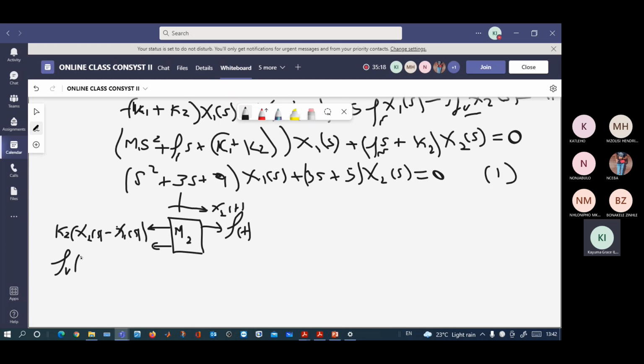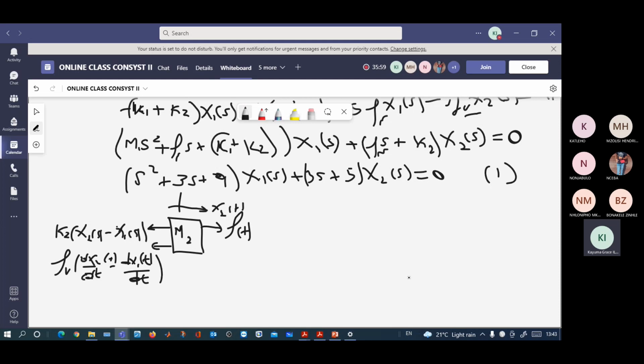And this is going to be Fv. You're going to have Fv times dX2 of t over dt minus Fv times dX1 of t over dt. Okay, so these are our three forces.